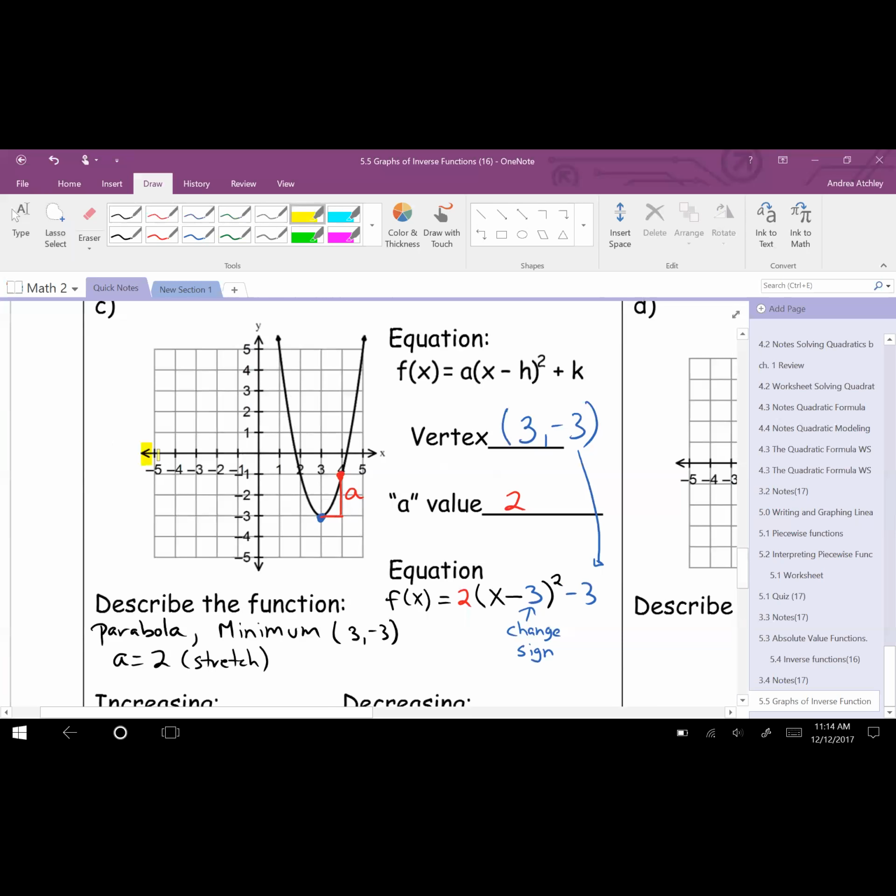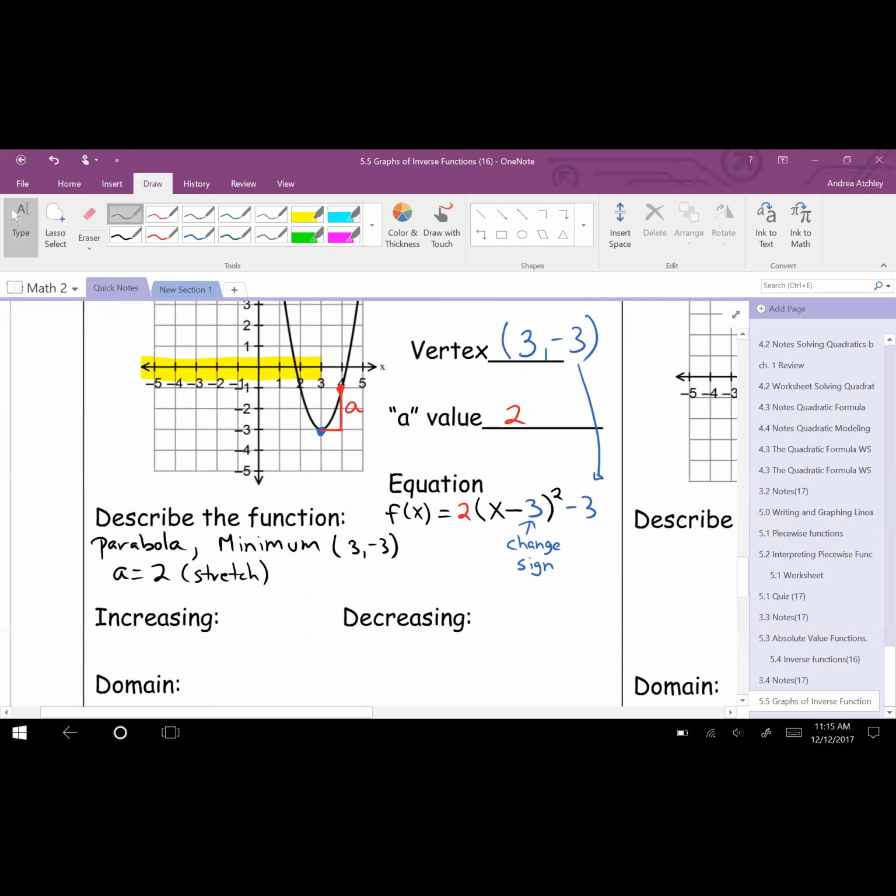So as I'm going this way on my graph, I'm going to be decreasing. So negative infinity. At what point will I stop decreasing going down? At 3. And it's always the x value.